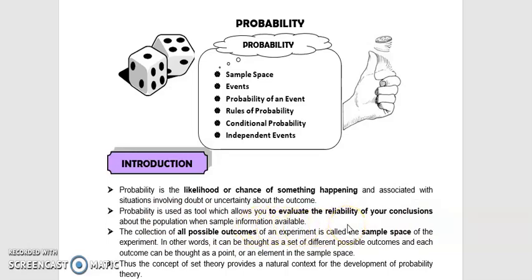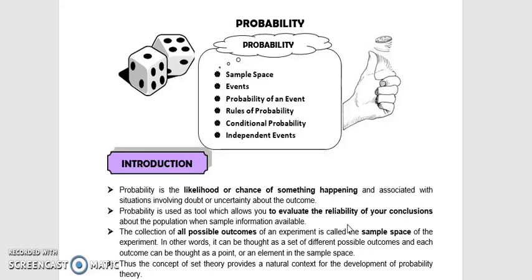Normally we do not know the true value of the population. So when we have a sample, based on the sample we can do some analysis in order to conclude about the population. I hope you can recall back chapter 1, the concept of population and sample.